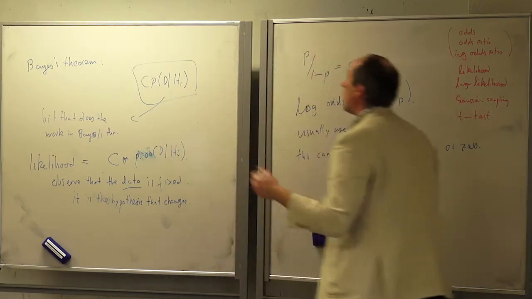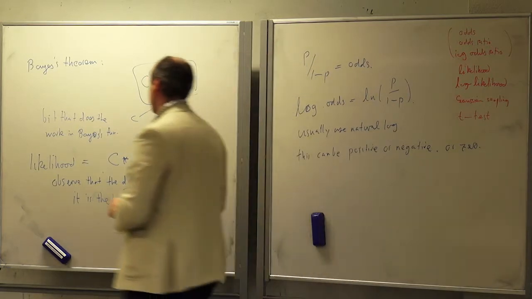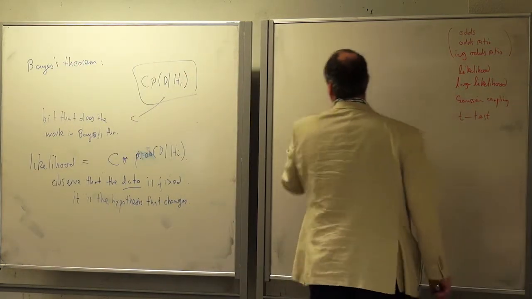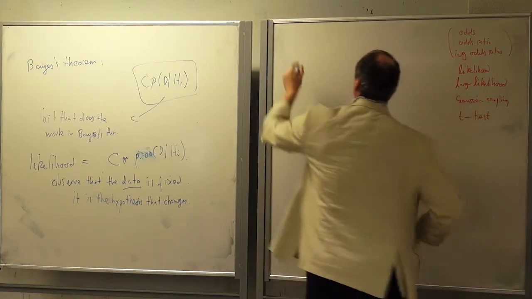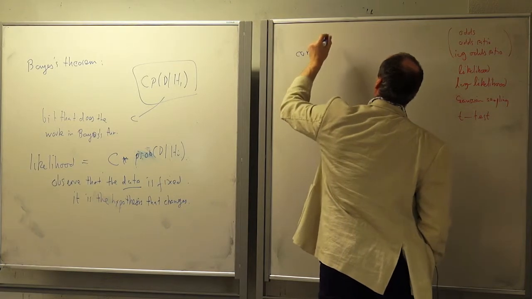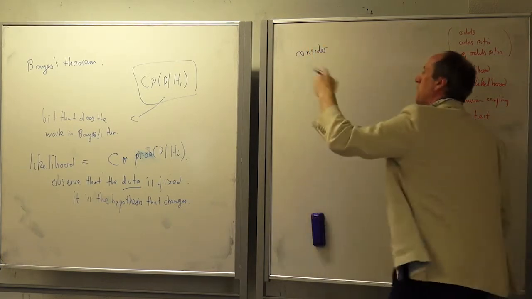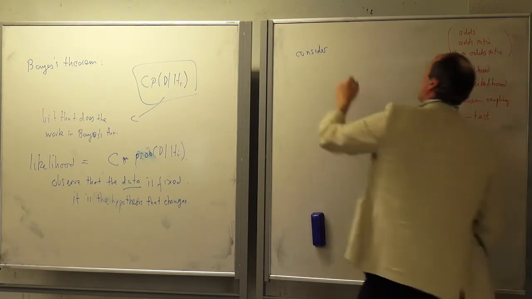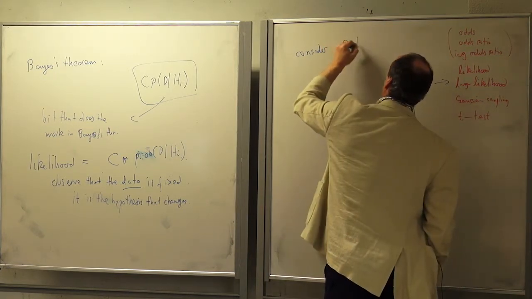And of course, what we got at the end of the day was a beta distribution. So let's consider, just as an example, I'm just reminding you what's happening because I'm going to work up to log likelihood. Consider, let's say, 9 trials.